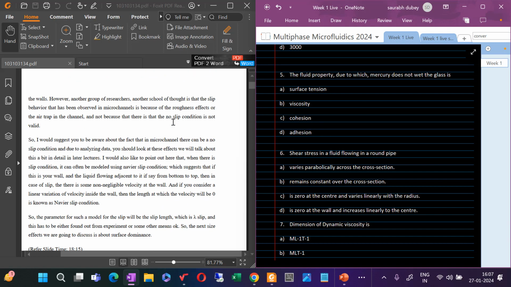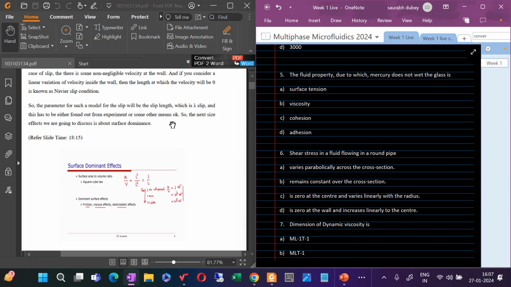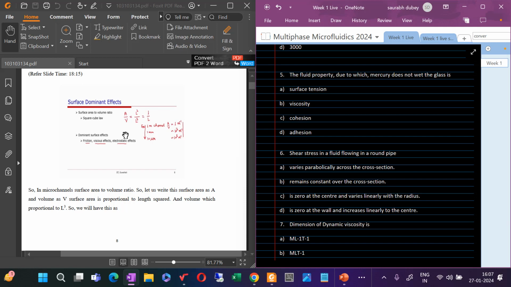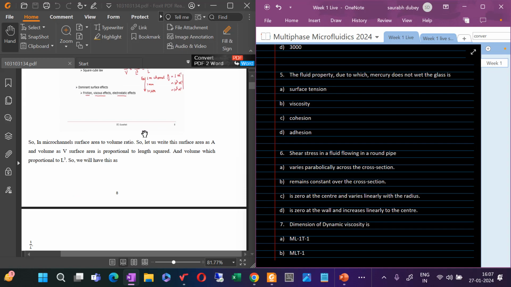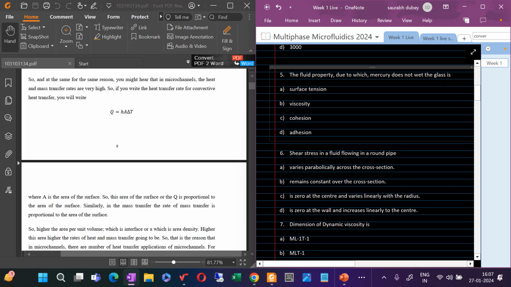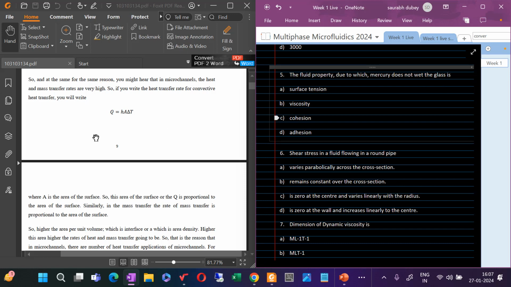Surface tension arises because of what, cohesion or adhesion? Which option do you think is correct: A only, or AD, or AC? Adhesion is because of particles interacting with other particles, so the more the adhesion, the more they are interacting. But mercury doesn't wet the glass, meaning there is negligible adhesion. A and C is the correct answer.